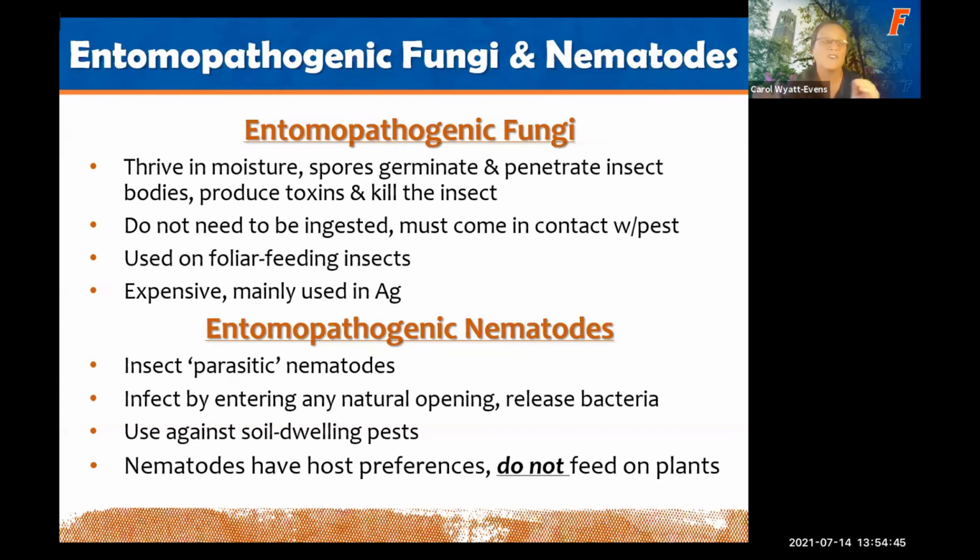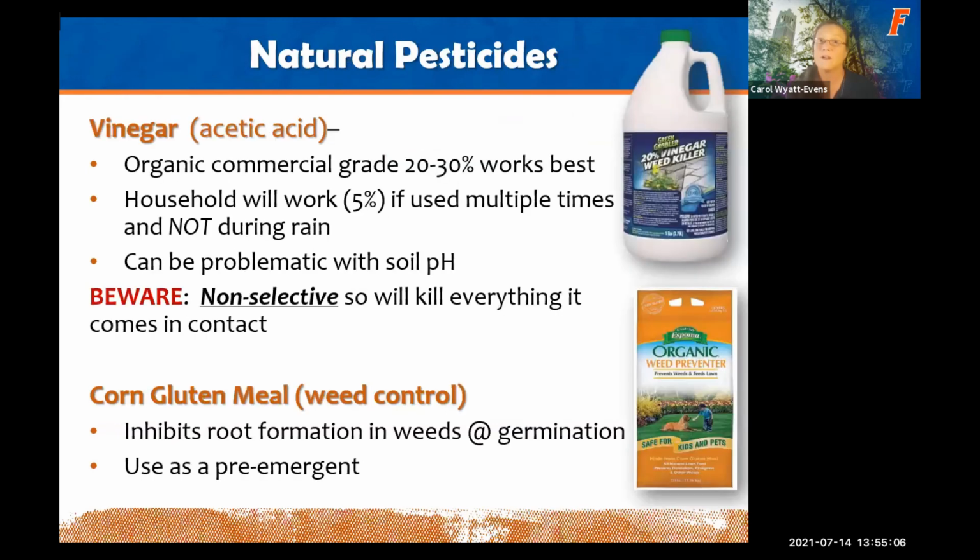These can enter any opening in that insect, whether it's their mouth parts, through their eyes, it doesn't matter. It gets in, anywhere it can get in. And so they're really good at controlling things like mole crickets, which we have a lot of here in Florida.